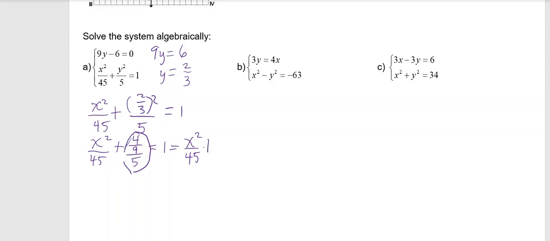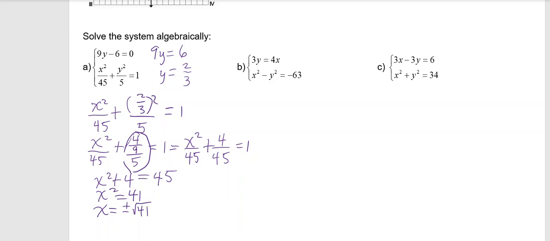So plus 4/45 equals 1. Now I want to multiply both sides by 45 to get rid of those denominators. So x squared plus 4 equals 45. So x squared is 41, which means x will be plus or minus the square root of 41.